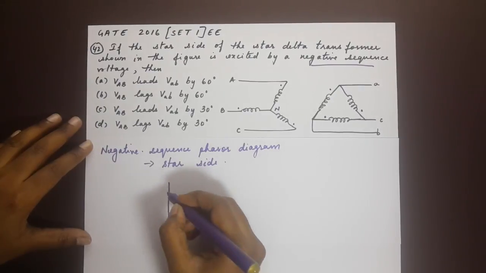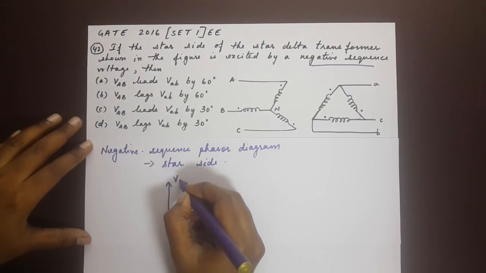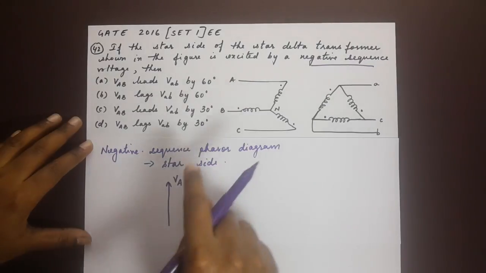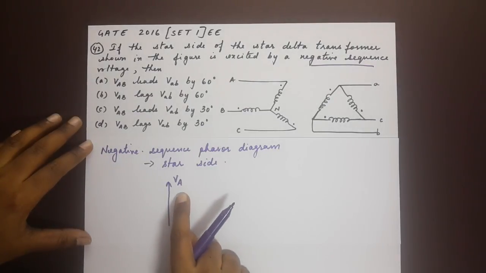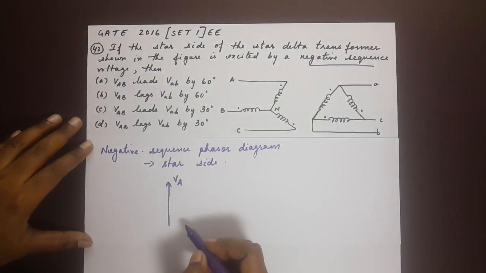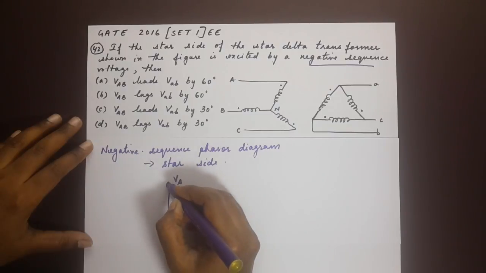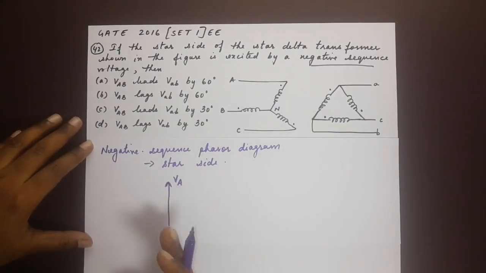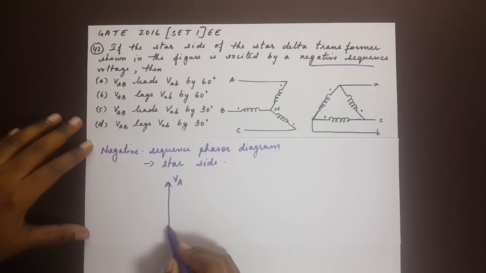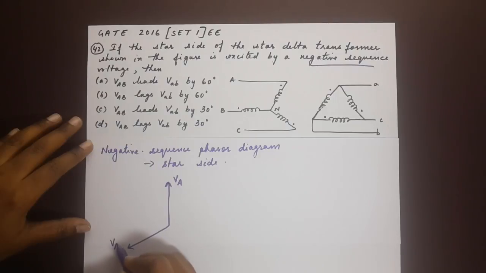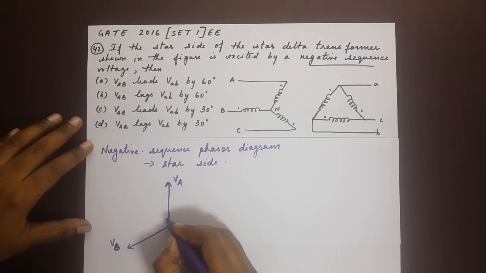Okay, so what we have here is VA, the voltage of A, considered as the one on the y-axis. You can consider it that way. And because it says negative sequence, our next line would be here representing VB. This is 120 degrees.